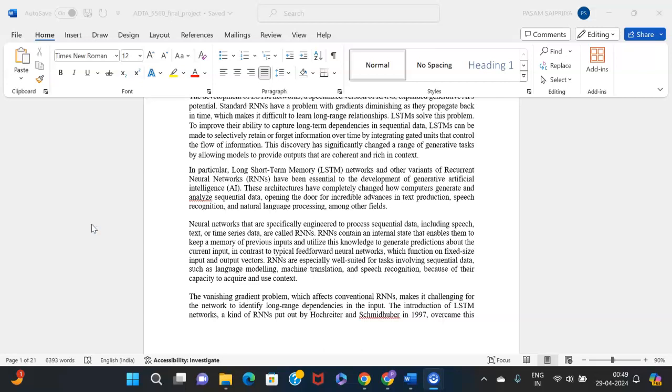RNN are especially well suited for tasks involving sequential data such as language modeling, machine translation, and speech recognition because of their capacity to acquire and use context.